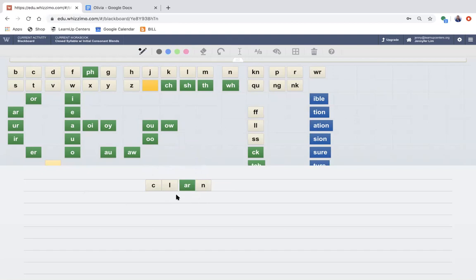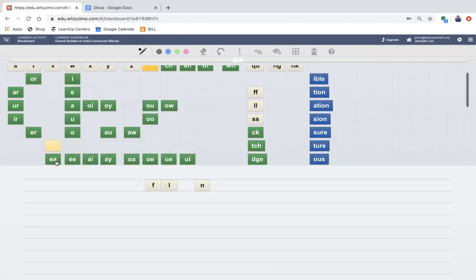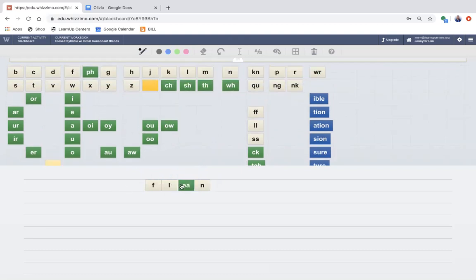Barn. With this. Learn. With this. Flean. This is an E sound.